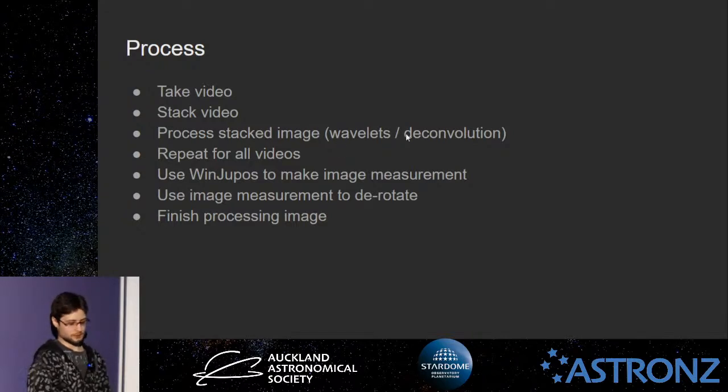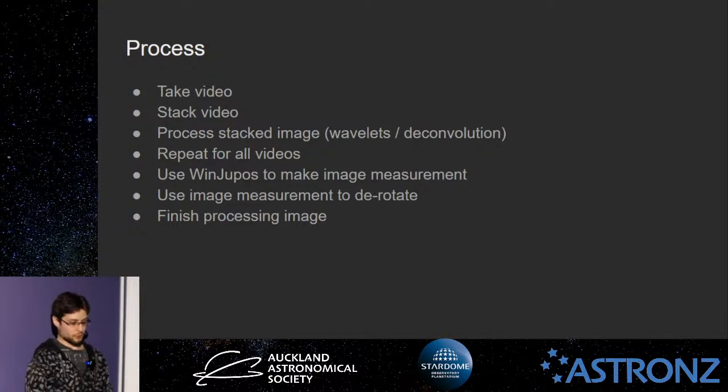You use your wavelets, you can do deconvolution, you can jump into Photoshop or GIMP and use any form of sharpening. And then you repeat the method for all of the videos that you've acquired, whether that's over the space of an hour and you've got 20 videos or 10 videos, it doesn't really matter.